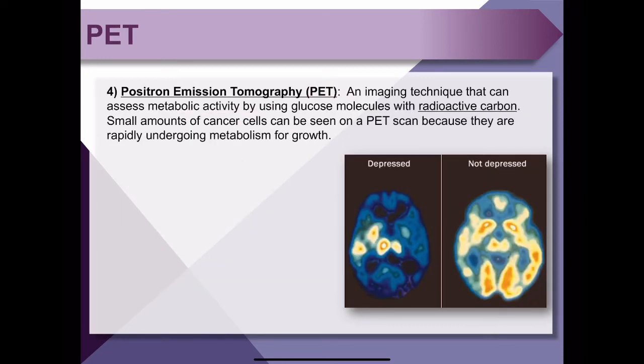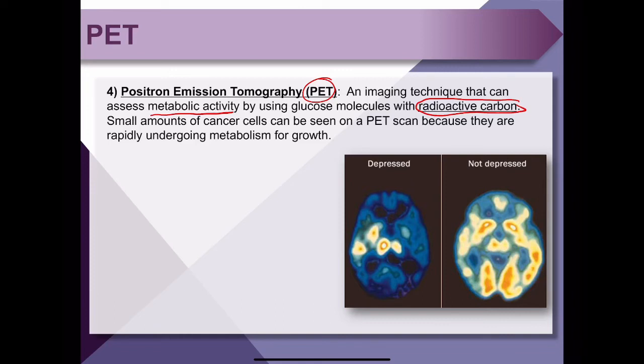All right. And then you have positron emission tomography, or the PET scan. It is an imaging technique that can assess metabolic activity by using glucose molecules with radioactive carbon. This is the only type of imaging that can give you some kind of live activity feedback. It not only collects information about the anatomical structure of the organ, but also the physiological function of the organ, such as metabolism.